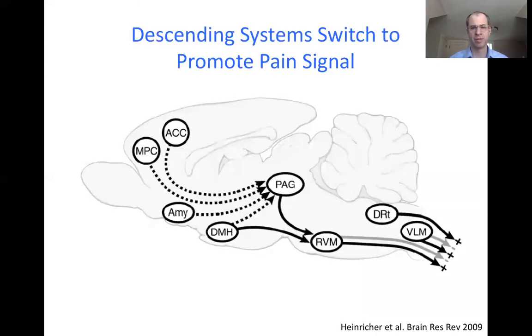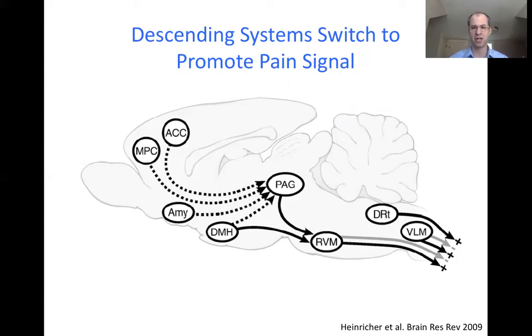So as people probably know, there are descending systems that at baseline tend to inhibit pain, and that's actually one of the main ways in which opioid signaling works, through pathways in the periaqueductal gray and the rostroventral medulla, signaling to the spinal cord and inhibiting pain signaling to the brain, similar to the interneurons that I described previously.